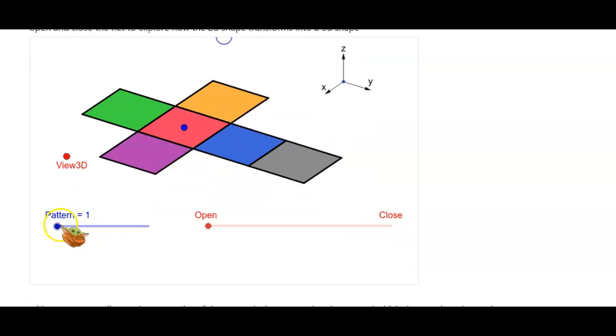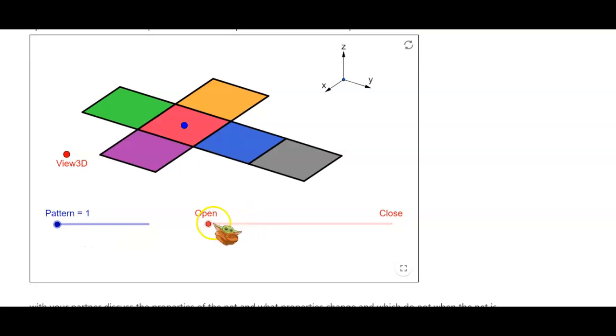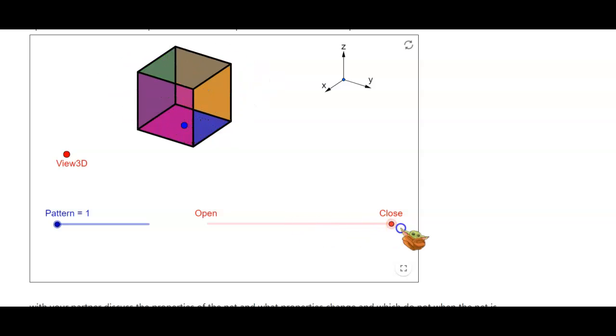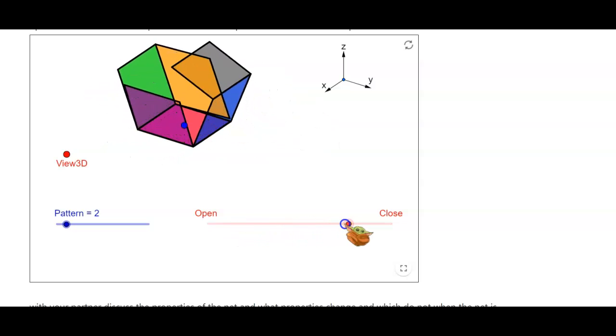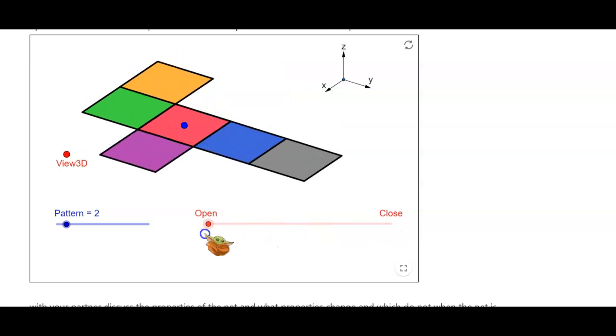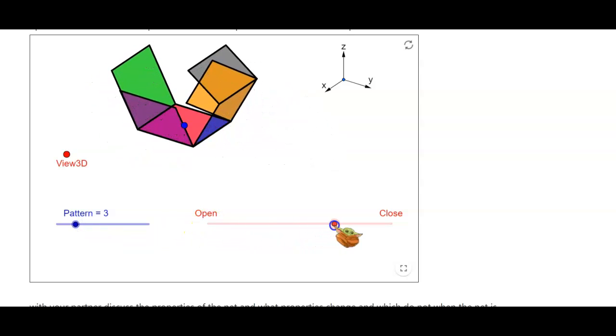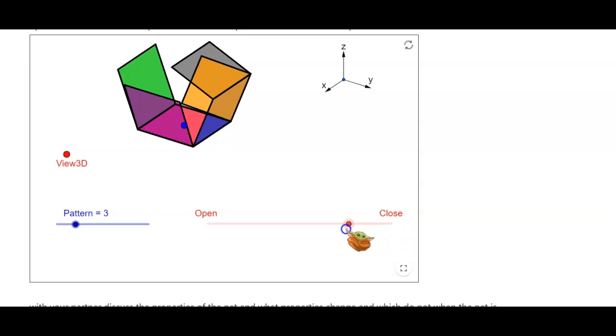Oh, really quick, incidentally, while we're here, I wanted to show you how different nets close. We see in this one, how it closes, right? And pattern 2, it can still close like that, see? And then pattern 3, man, you really gotta have fun. Check these out. I'm going to give you the links to this stuff somewhere.